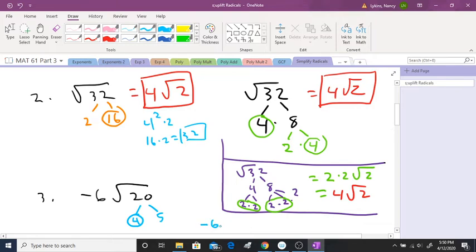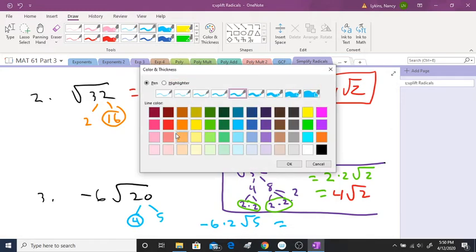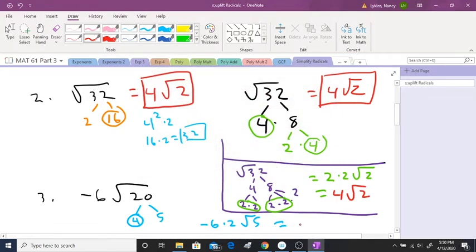I'm taking the square root of 4 out, which is 2. So 6 times negative 2, radical 5. That gives me negative 12 radical 5. Okay.